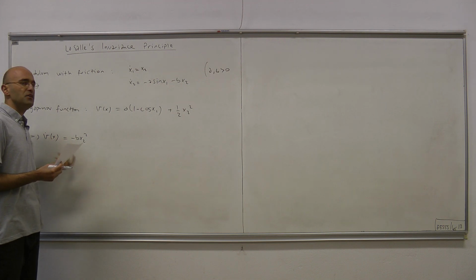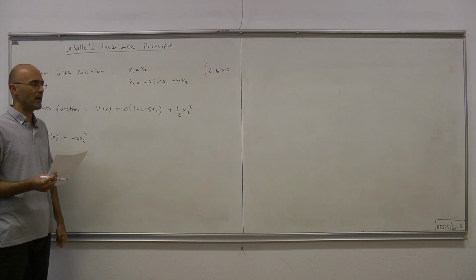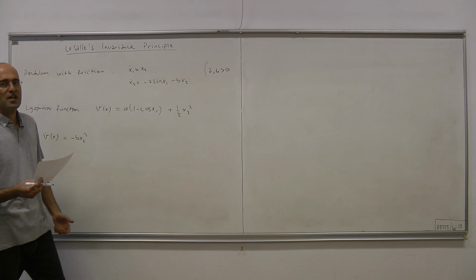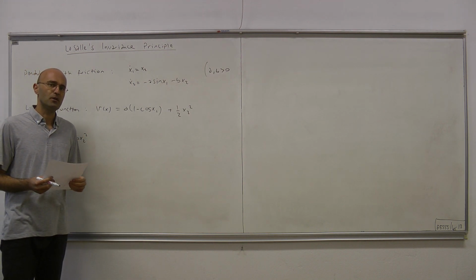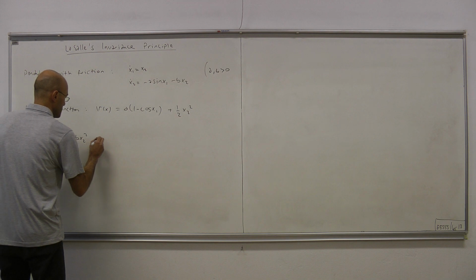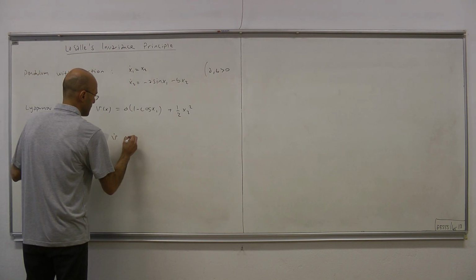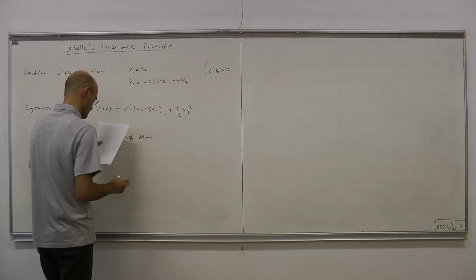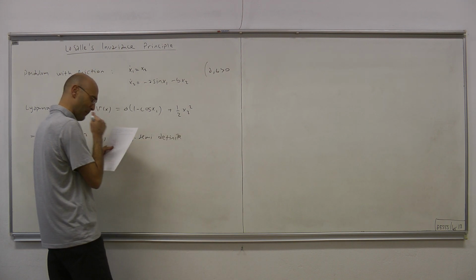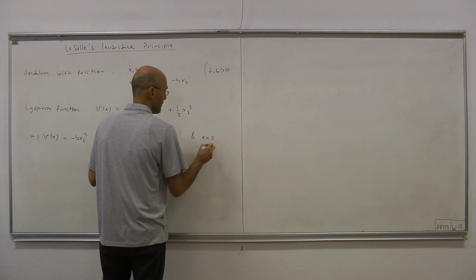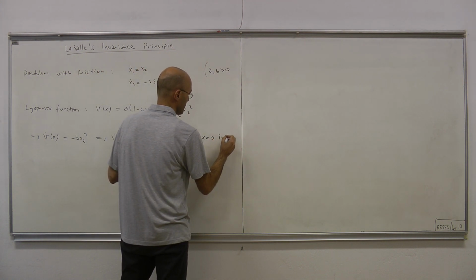In that case, V dot is 0, but we're not at the origin, therefore V dot is only negative semi-definite. This tells us that the origin is stable, not asymptotically stable, if we use only the Lyapunov stability theorem.